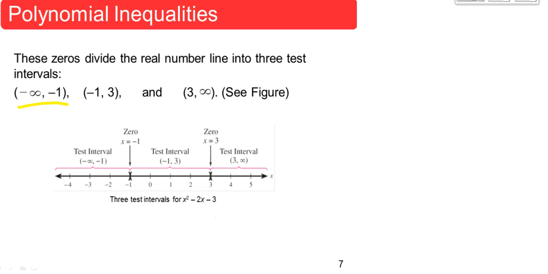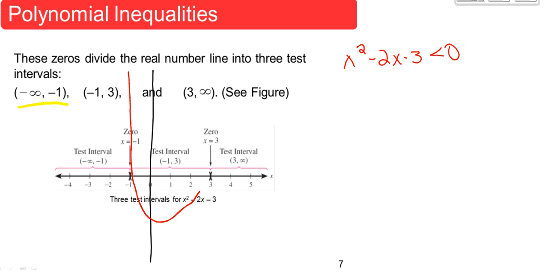For this problem, x squared minus 2x minus 3 is less than 0, that would be a parabola that looks something like this. That is not my best parabola, but it'll be good enough.